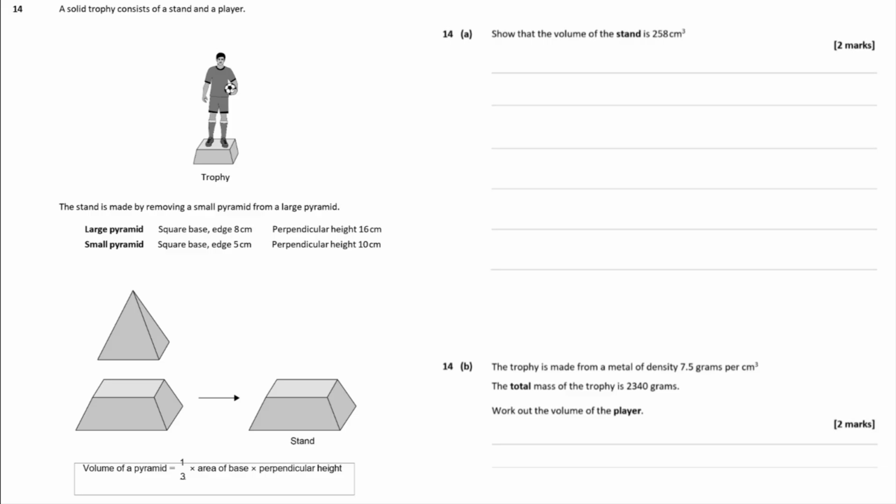Now to work out the volume, we need to work out the volume of the big pyramid, and then remove this bit of the pyramid and find out what's left. So the volume of the big pyramid is going to be 1/3 of the area of the base, which is a square, isn't it?